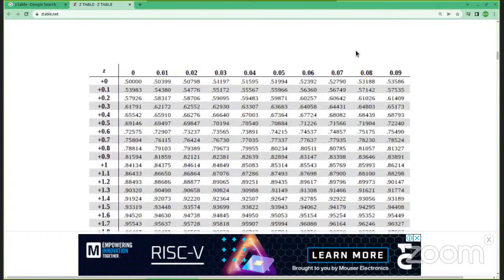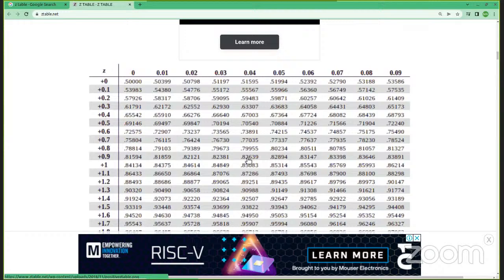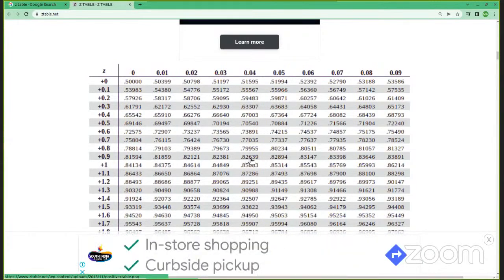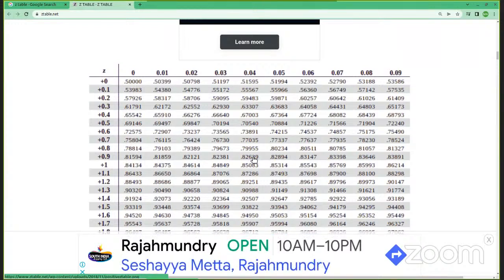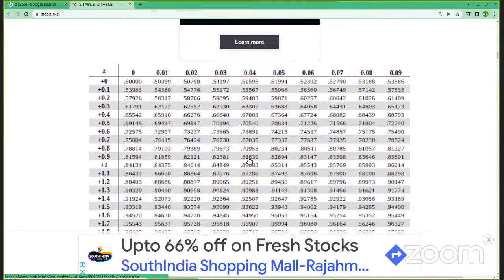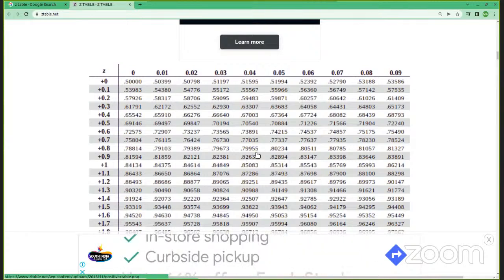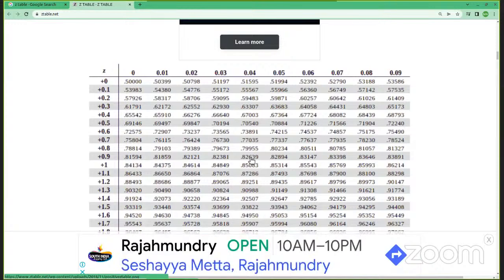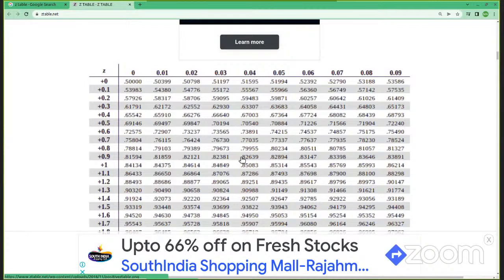So if I pick a random value like this point, you see this is 0.82639. This is actually the probability value. For which value is this probability? 0.94.